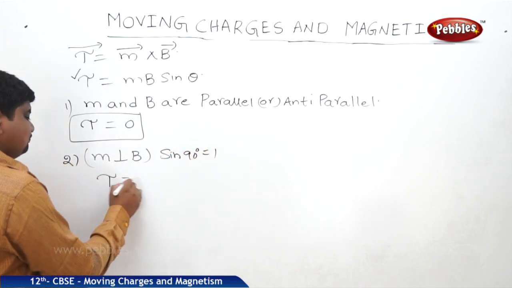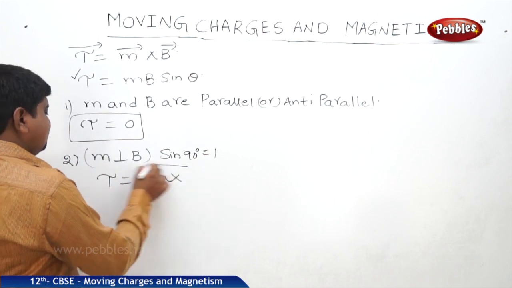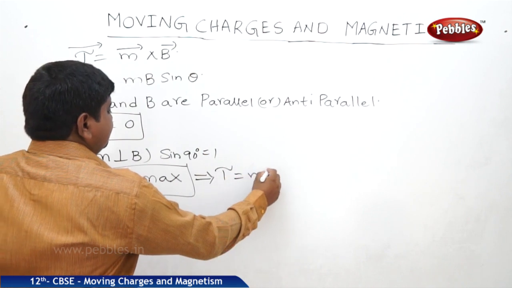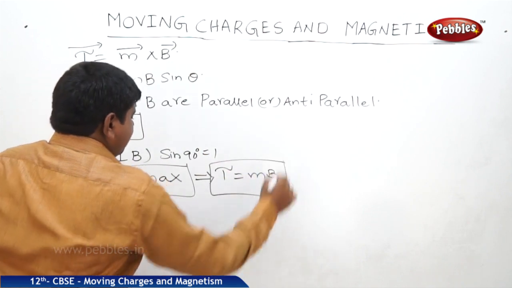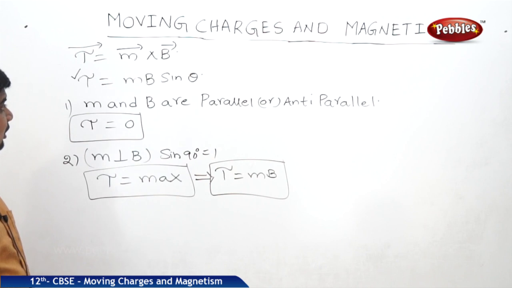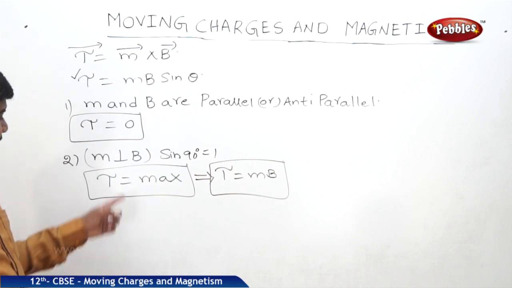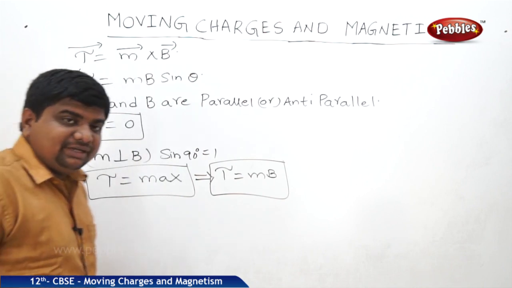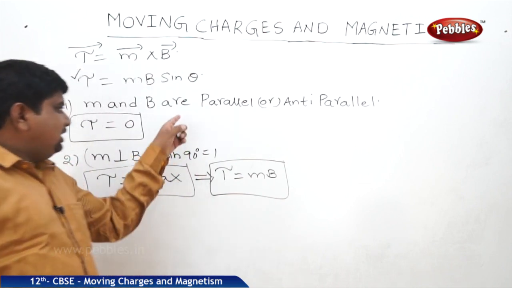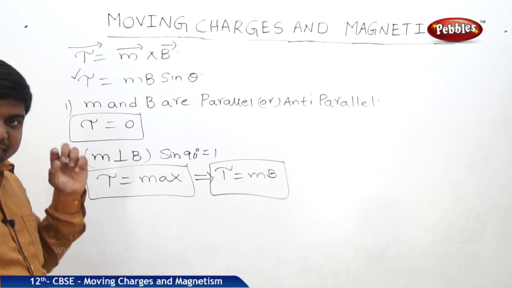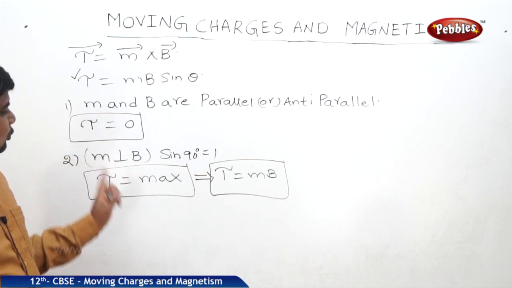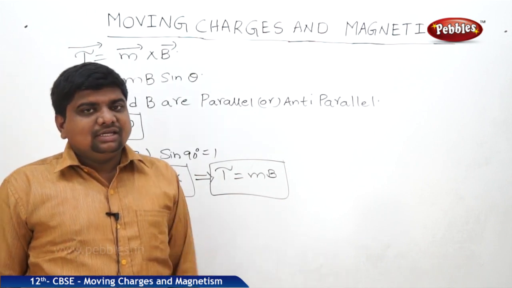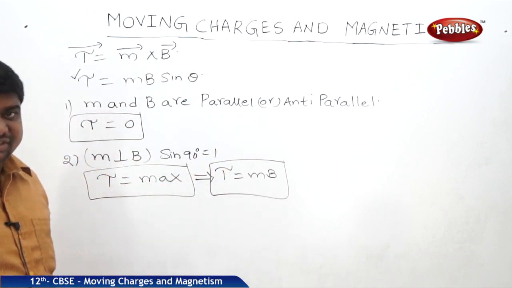So tau will become maximum, tau is equal to MB. So the torque on a current loop in the magnetic field becomes maximum when M and B are perpendicular to each other. The angle between them is a very important point to find the maximum torque and the minimum torque in the current loop.